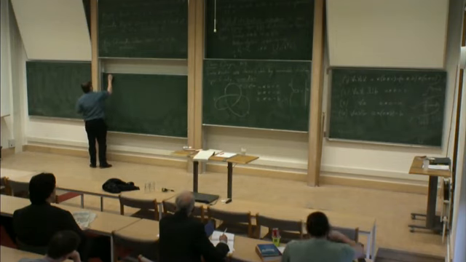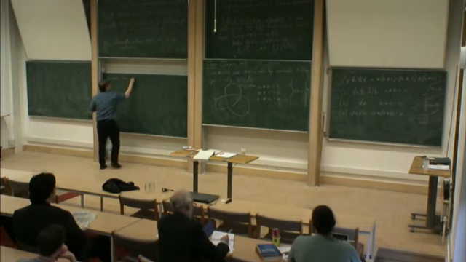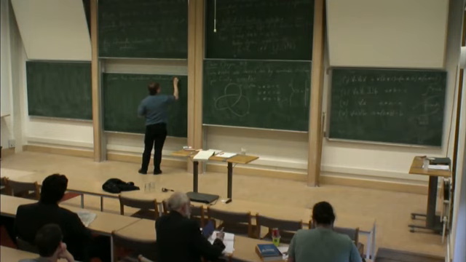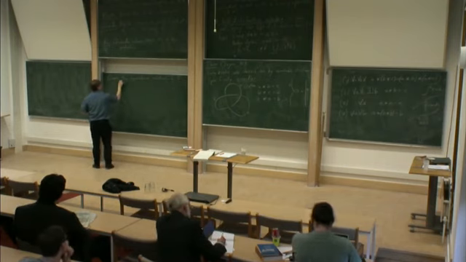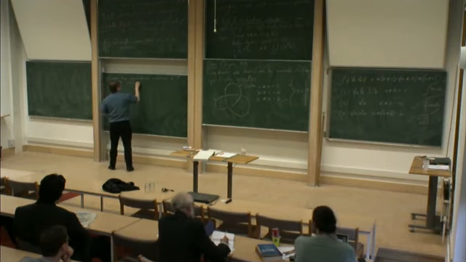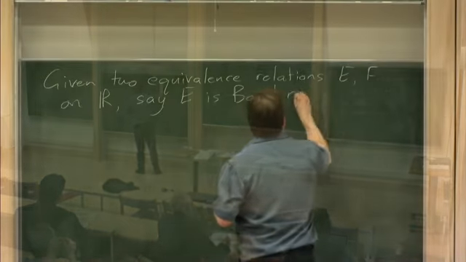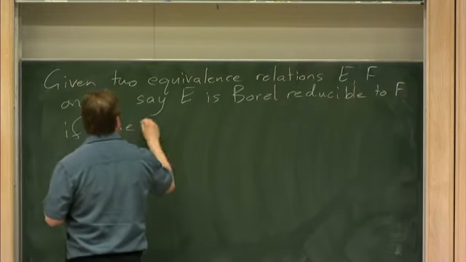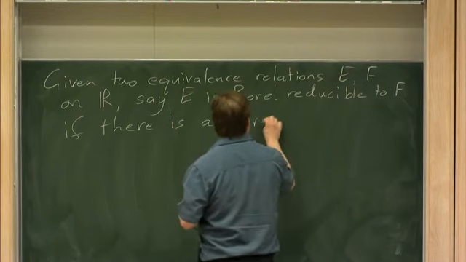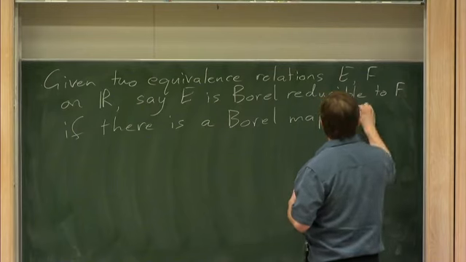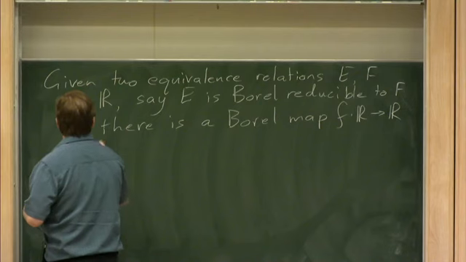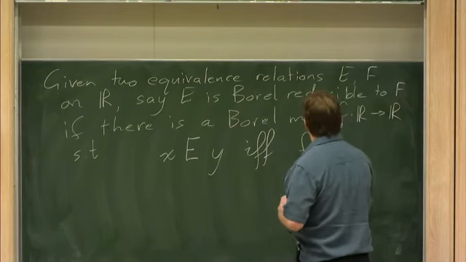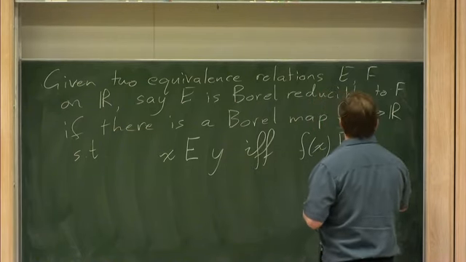Given two equivalence relations E and F on, let's say, the reals, we say E is Borel reducible to F if there is a Borel map f from R to R such that x is E-equivalent to y if and only if f of x is F-equivalent to f of y.